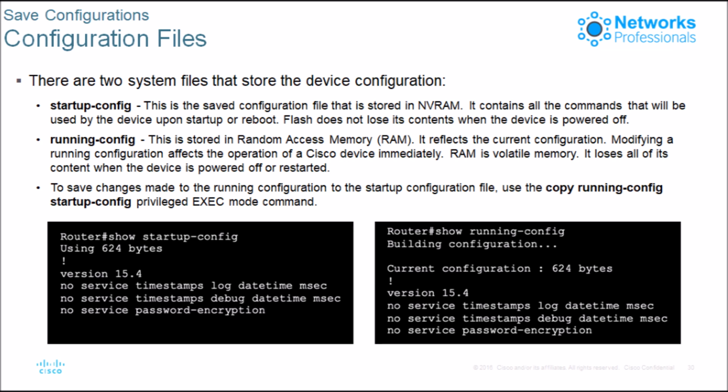To save changes made to the running configuration to the startup configuration file, always use the copy running-config startup-config privileged exec mode command whenever you make any change in the Cisco device configuration. Also keep in mind that changes are only made in the running config file and then saved in startup.